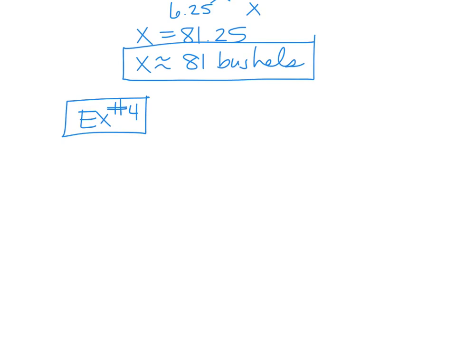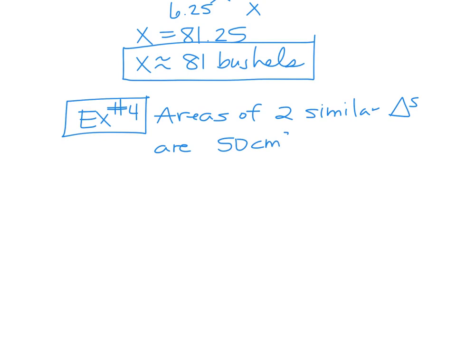Okay, last one. This one says the areas of two similar triangles are 50 square centimeters and 98 square centimeters. Okay, so we have two similar triangles and we have their areas.